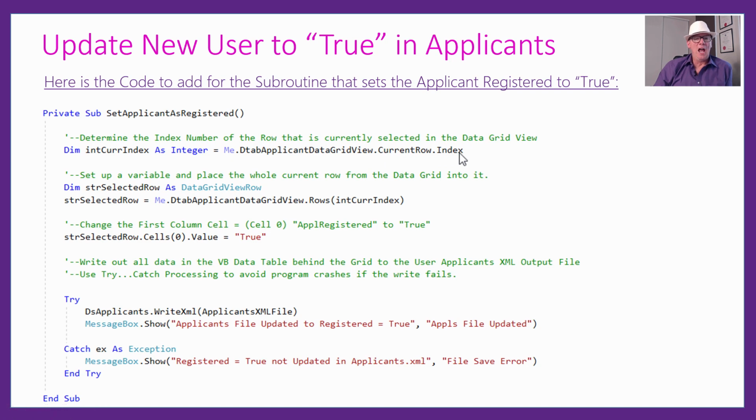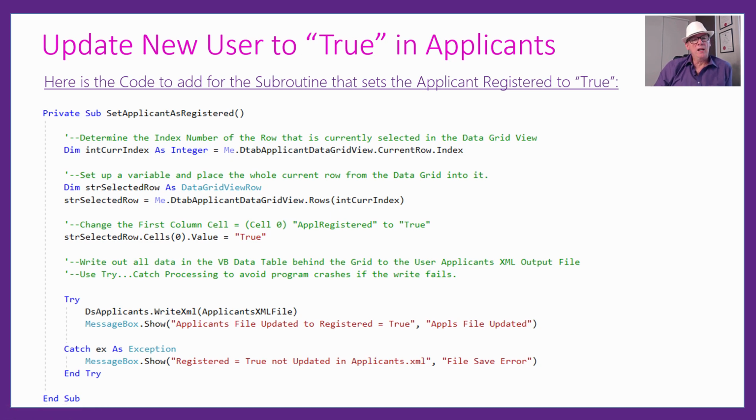And then what we need to do is this processing here, which is a little bit indirect when you first look at it, but this is the way which works. We need to have a variable called selected row, and that's a DataGridViewRow type. We then just take the current row and put it into that variable, okay?